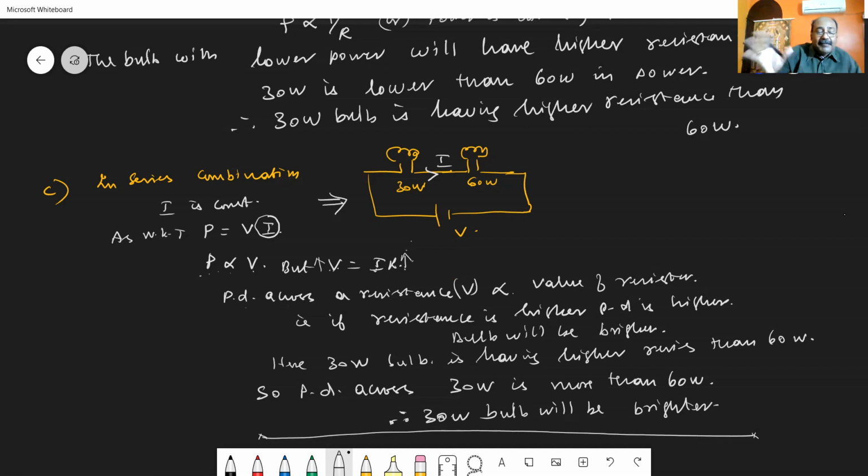If so, the bulb will be brighter. In the given two bulbs, the 30-watt bulb will have more resistance than the 60-watt bulb. Therefore, the 30-watt bulb will have more potential difference across it. So the 30-watt bulb will glow brighter than the 60-watt bulb.